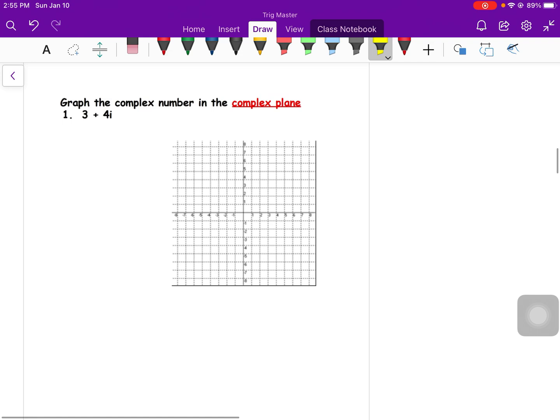All right. So when we are graphing a number in the complex plane, graphing is always going to be a vector. The tail is going to start at the origin, and then we're going to end at some point like 3, 4. So 3 to the right, 4 up. There is your graph.